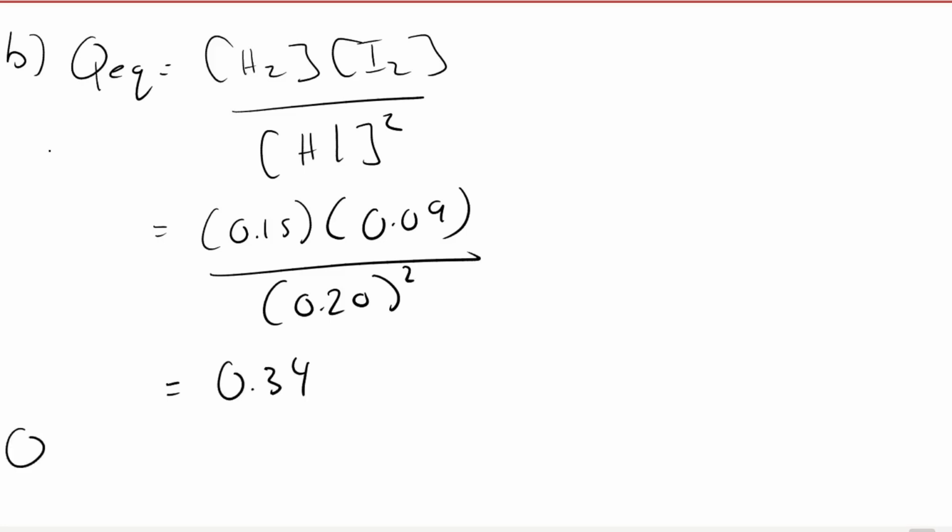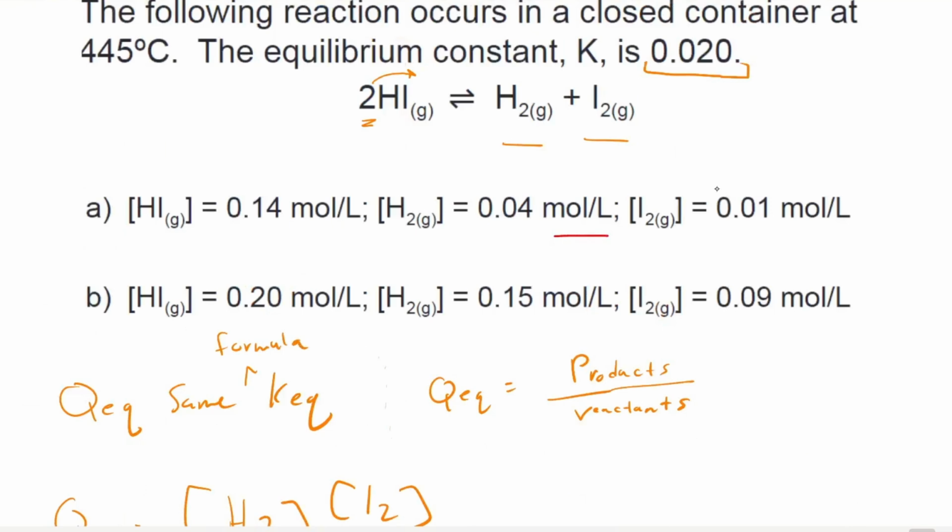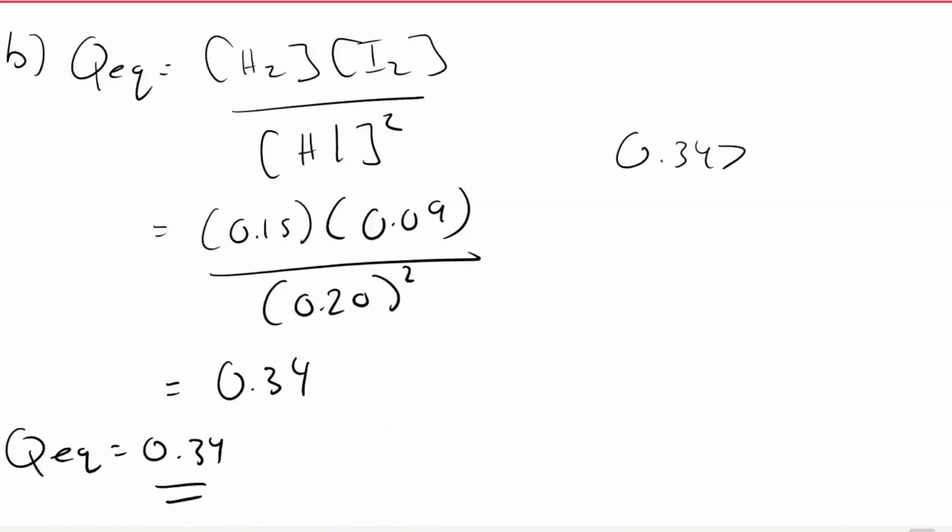So my Q is equal to 0.34. Now 0.34 is greater than the amount that they gave me, which was 0.02. So therefore my Q is greater than my K_eq.